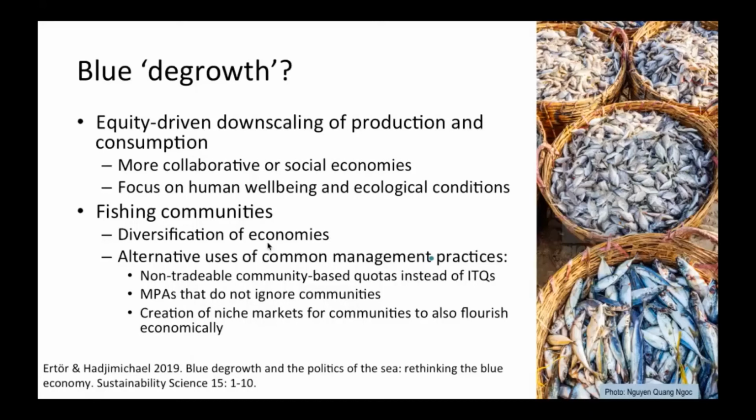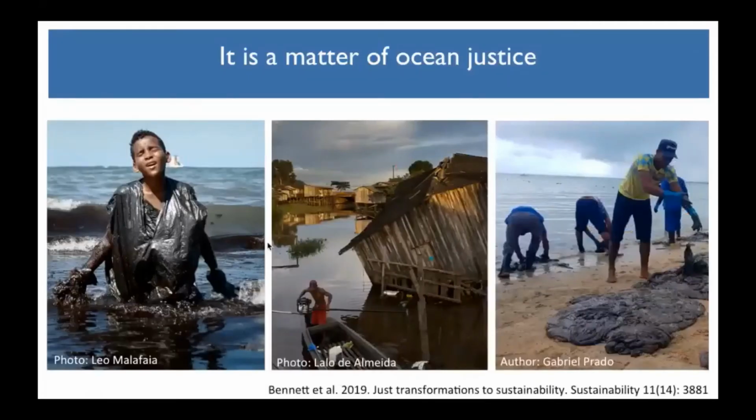So we should look at these alternatives that they are coming up with on their own, because in the end, it's a matter of ocean justice. It's not just a matter of sustainability, economically and ecologically. It's also a matter of social justice.